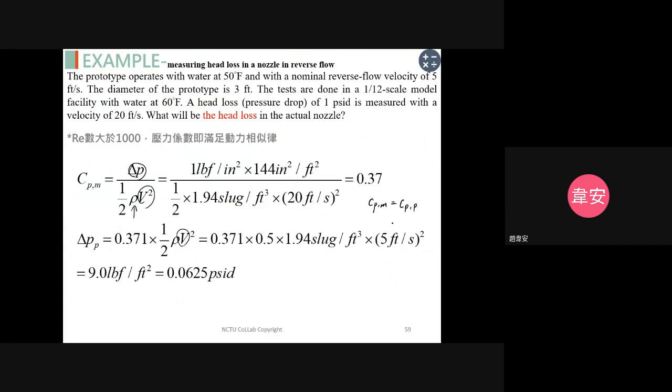So we know that V is 5, and we have the density and the pressure coefficient in the model. So we can predict the pressure for the prototype conditions, which is 0.0625 psi. It's smaller than the pressure in the model.